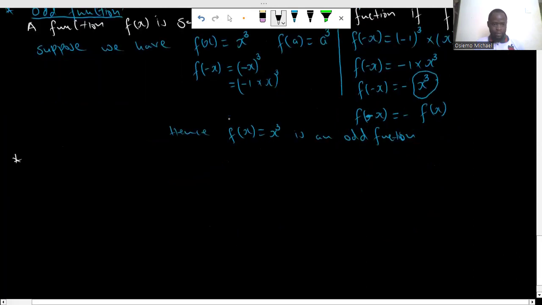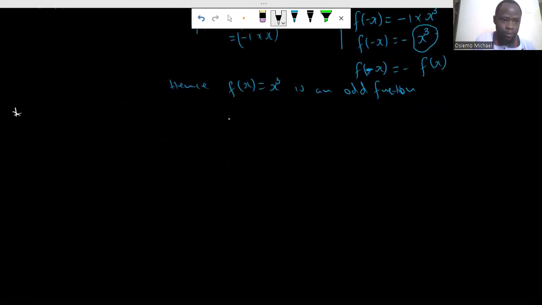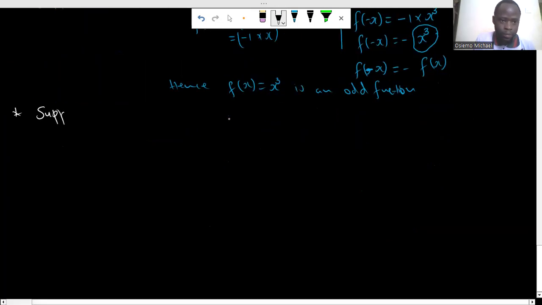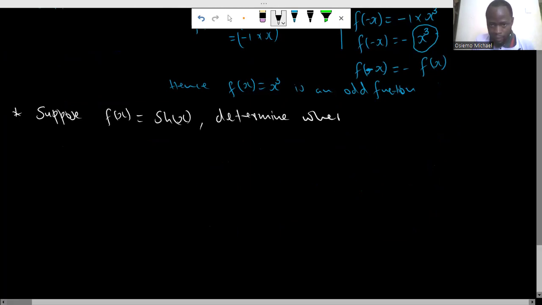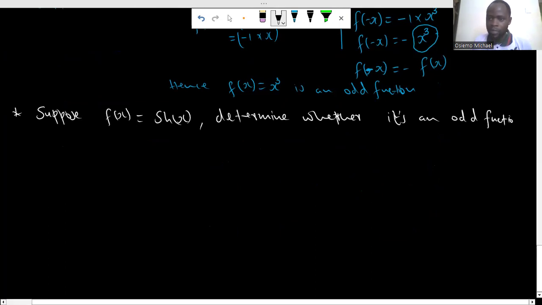Suppose f of x is equals to sine hyperbolic of x. Determine whether it's an odd function.